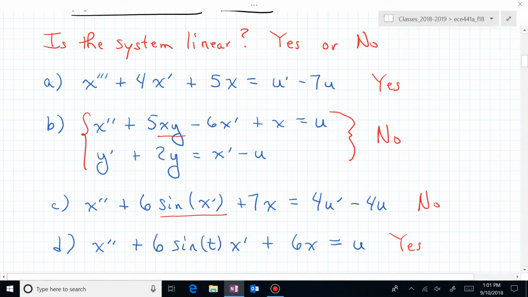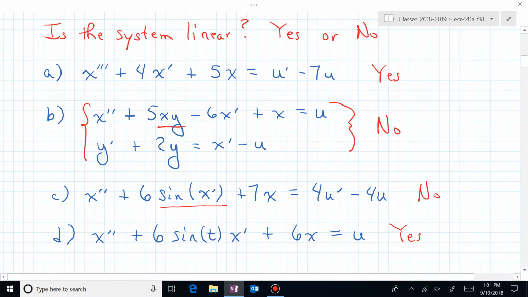This particular system is in fact linear, and now you're saying, well, it has a sine just like system C has a sine, but now that sine is actually a function of the independent variable t, which makes this a time-varying system. All of the other systems were actually time invariant.